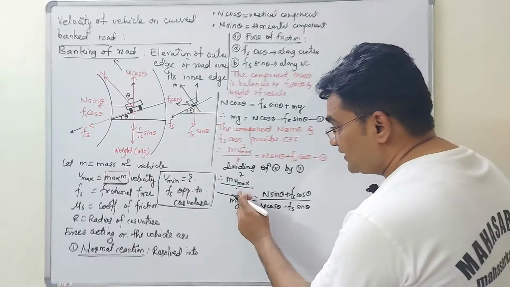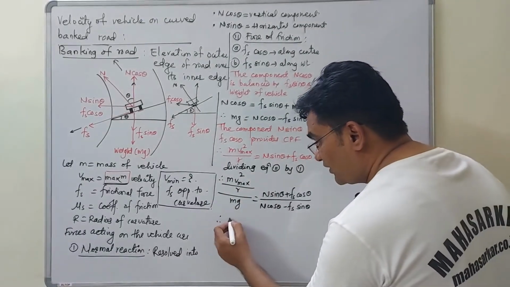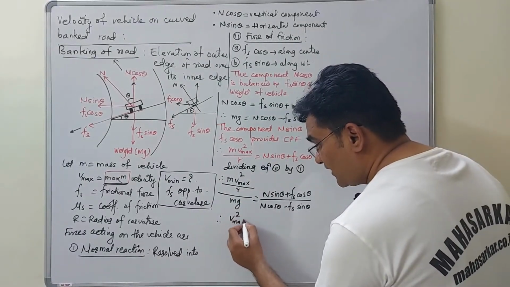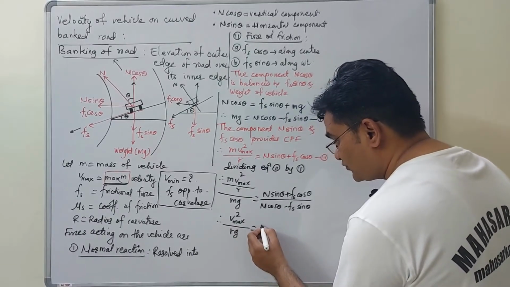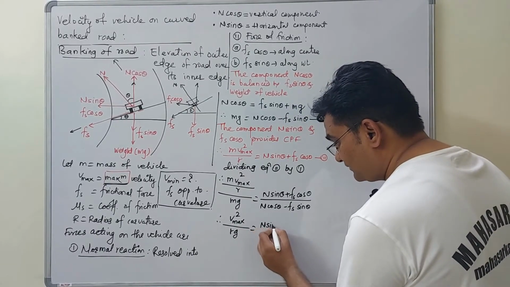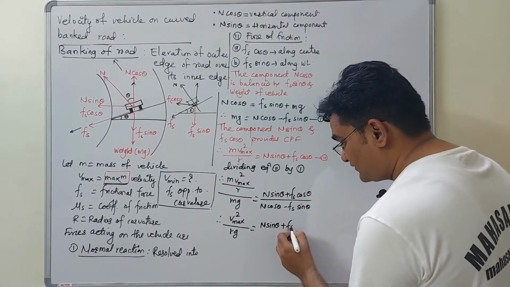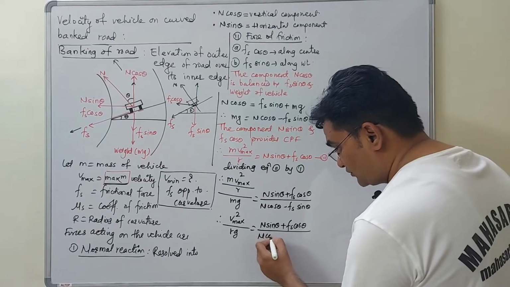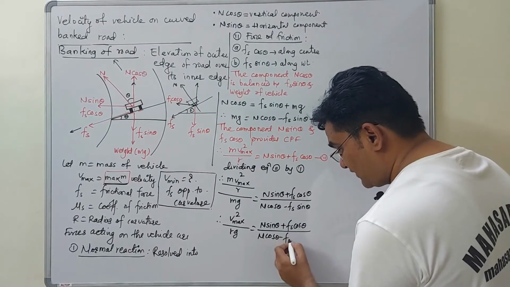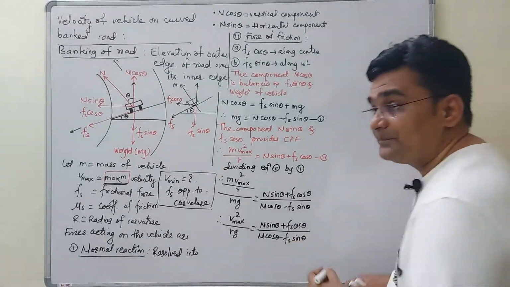The m gets cancelled, so what remains on the LHS is v square max upon rg, equal to N sin theta plus Fs cos theta divided by N cos theta minus Fs sin theta.